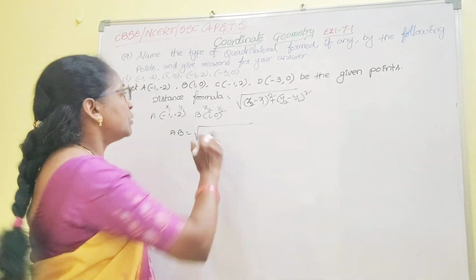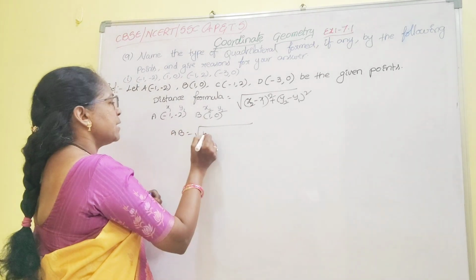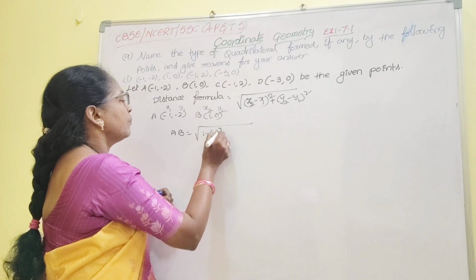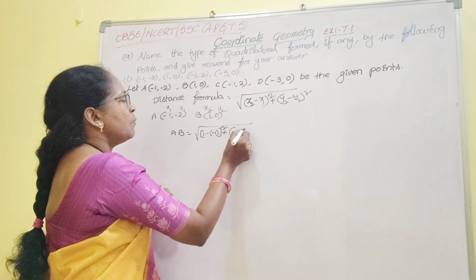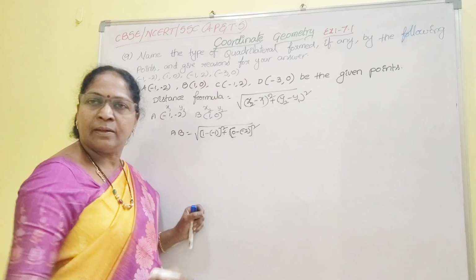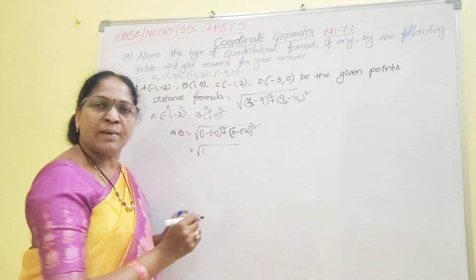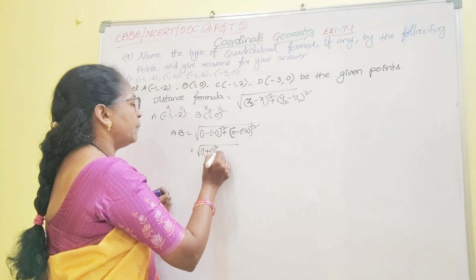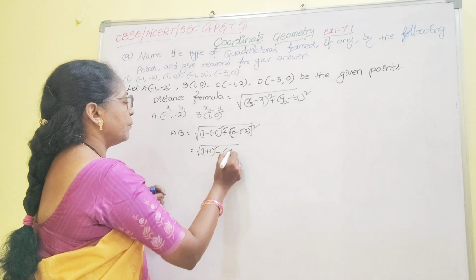Now substitute the values in this formula where x2 is 1 and x1 value is minus 1. So 1 minus of minus 1 whole square plus y2 is 0, 0 minus of minus 2 whole square. Now square root of 1 minus into minus is plus, 1 plus 1 whole square plus 0 minus into minus is plus 2 whole square.